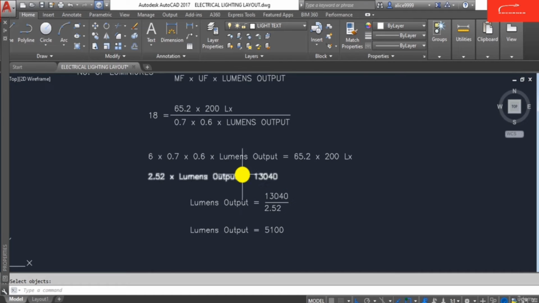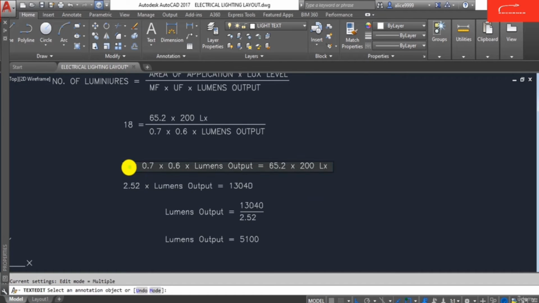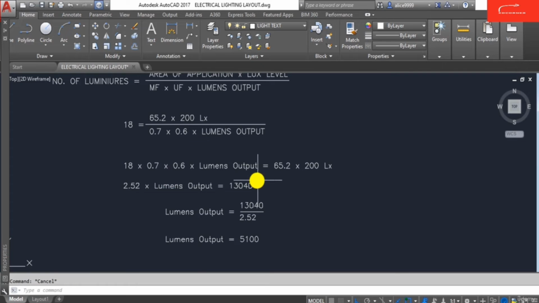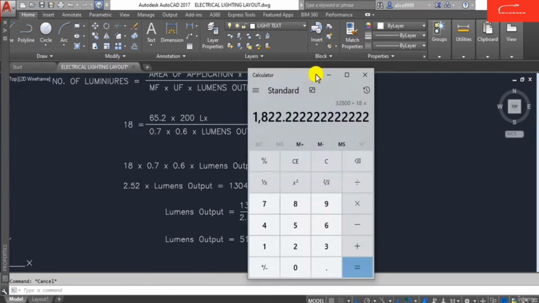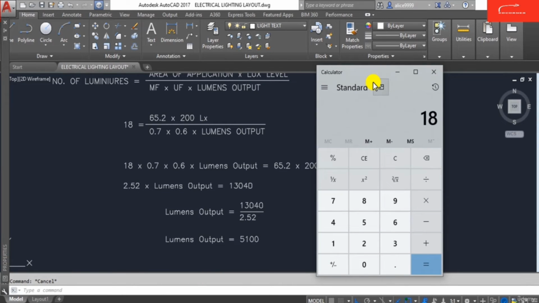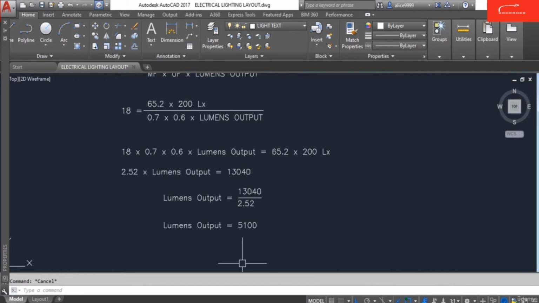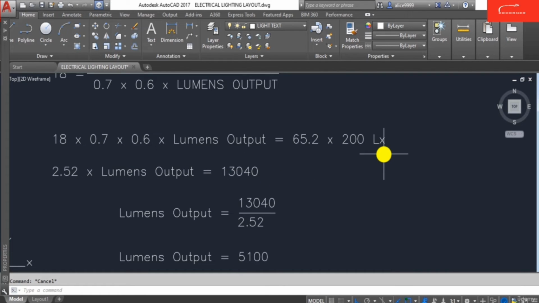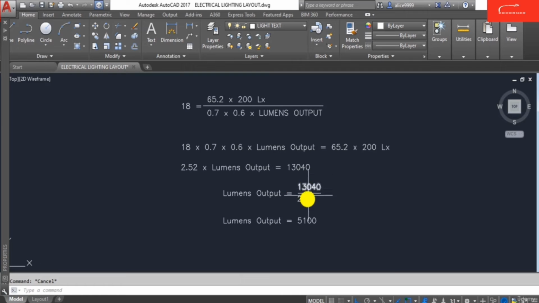So by this formula, here it is put 18. So 18 into 0.7 into 0.6, that is 7.56, and here 13,040 by this multiplication.